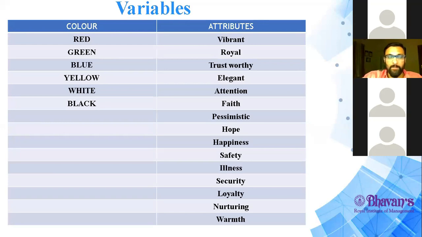Okay. So, like Venugopal sir said in the inaugural speech, we are trying to find out the correspondence between the colors and the attributes. At the last part of the session, we'll be able to derive a pictorial representation, which will clearly map which color is associated with which attribute.